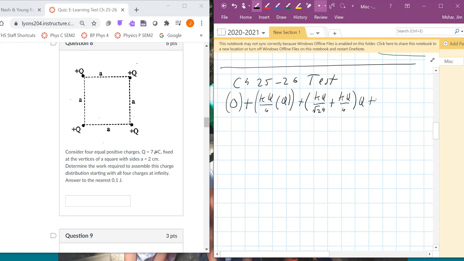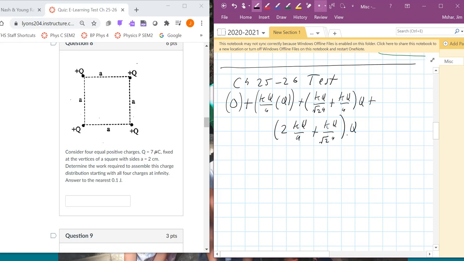And then plus Q4. Q1 and Q3 are each going to make a voltage of KQ over A there, so I'm just going to take that times 2. Plus Q2 is going to make a voltage of KQ over root 2A, and that's all times Q.